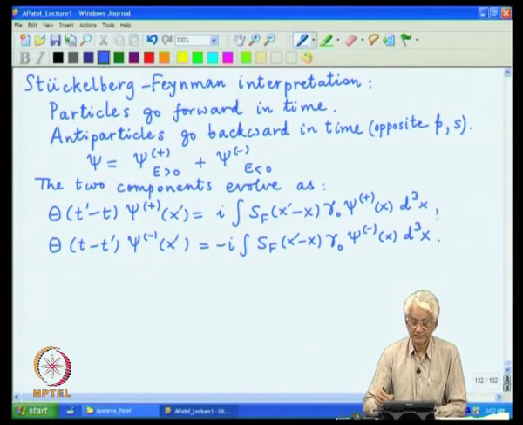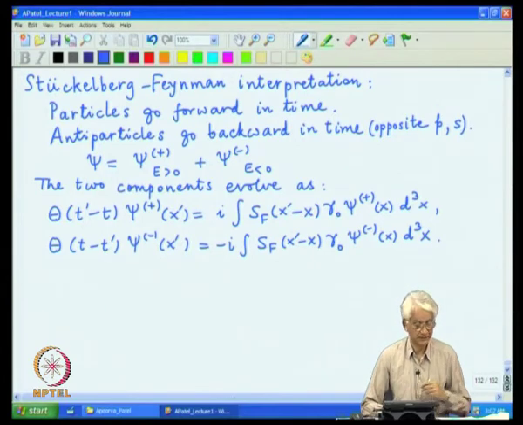So, this is a description of a free Dirac particle evolving in accordance with the principle of causality.